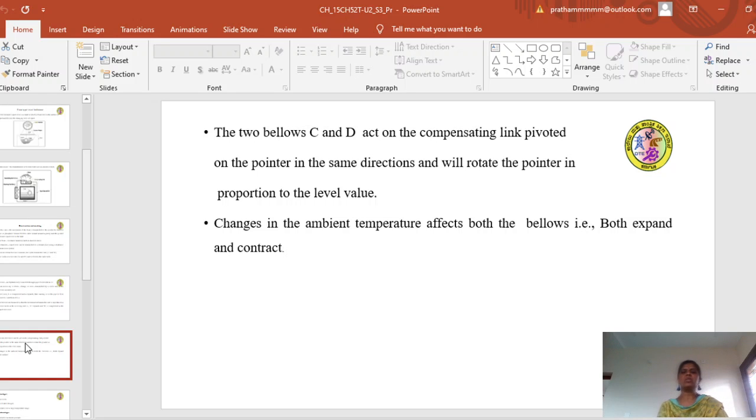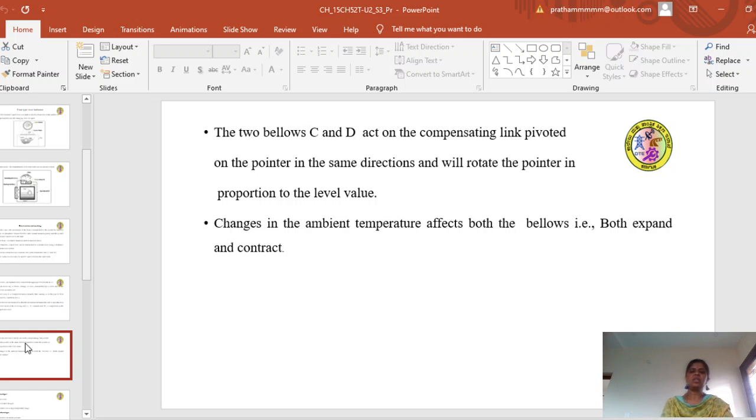So the two bellows C and D act as a compensating link pivoted onto the pointer in the same direction, and will rotate the pointer in proportion to the liquid level.